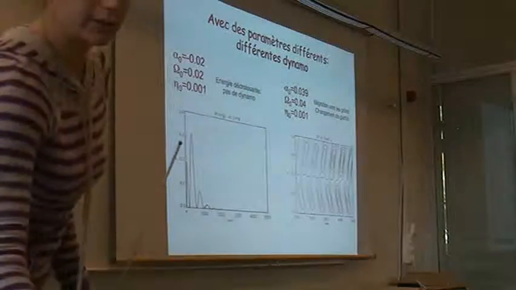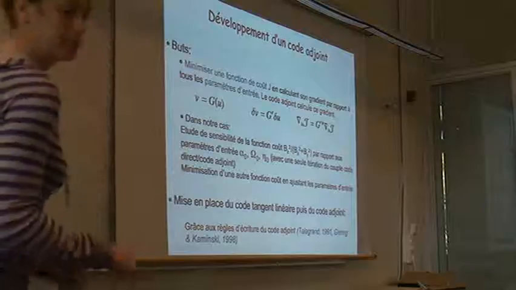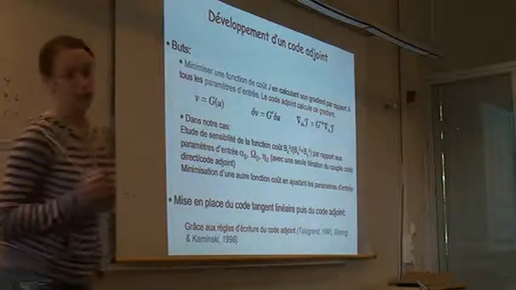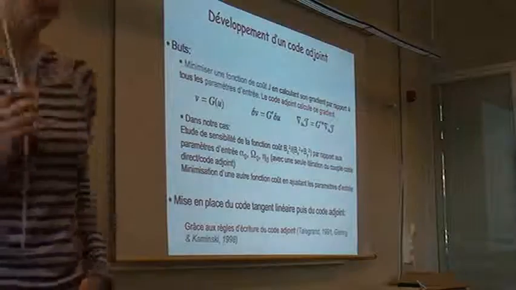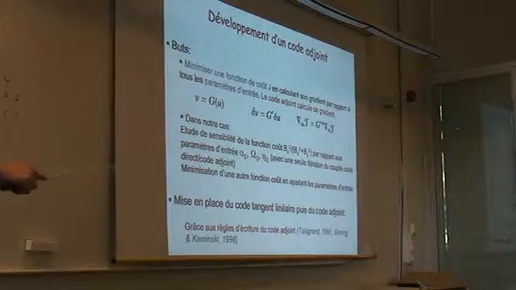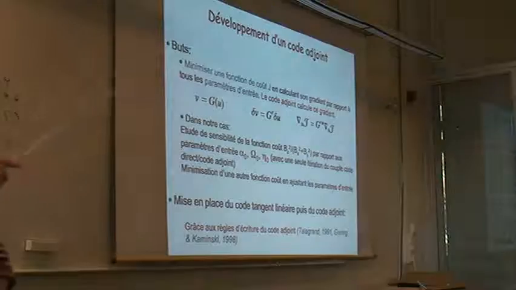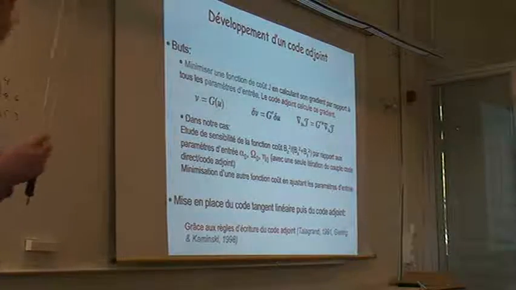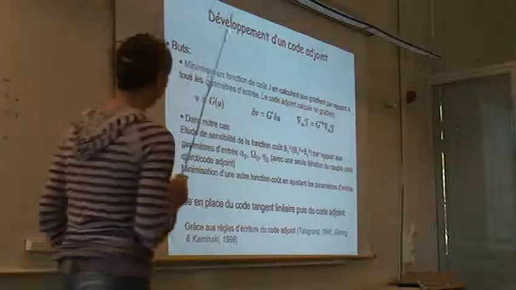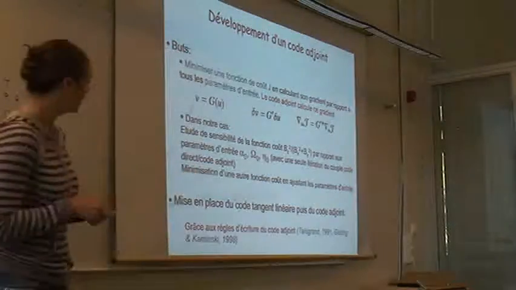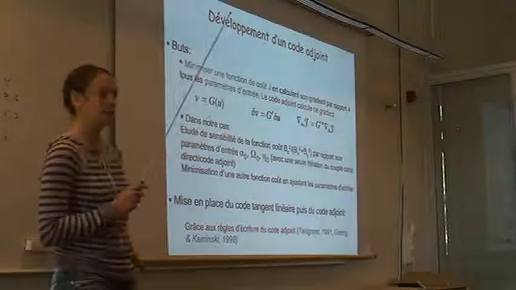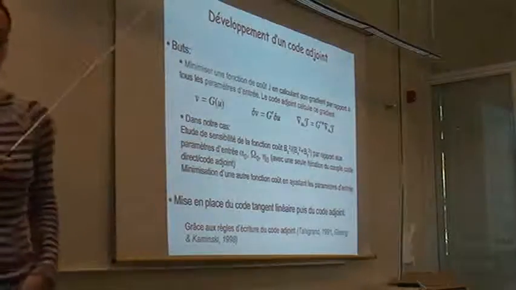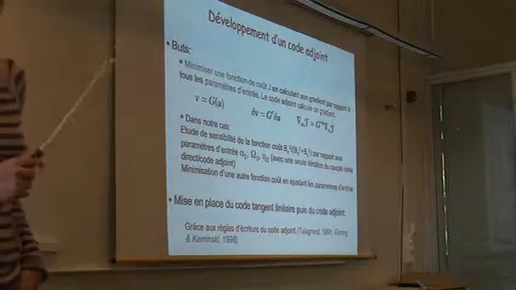Okay, so this is the solution we can have. The idea is to write the adjoint code for the basic code solving the equations I showed you before, and then to have some way to get the sensitivity with respect to the parameters we are entering at the beginning of the basic code.